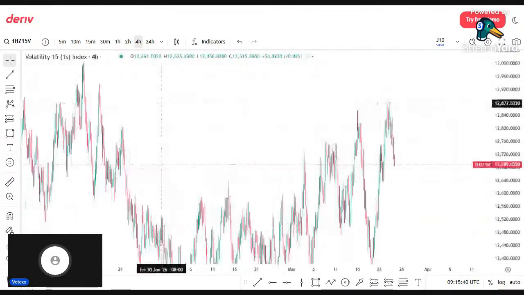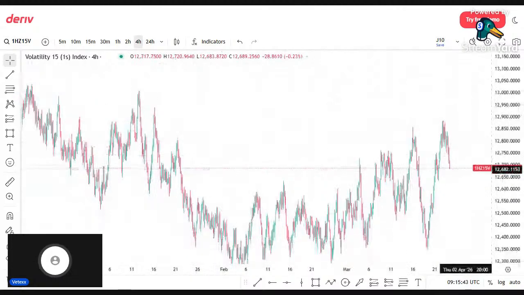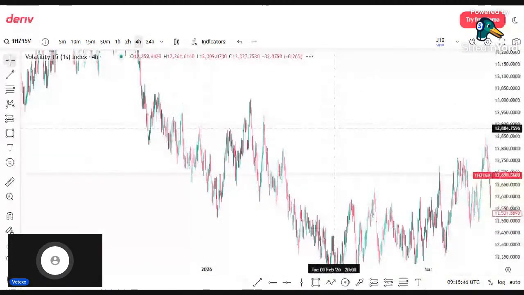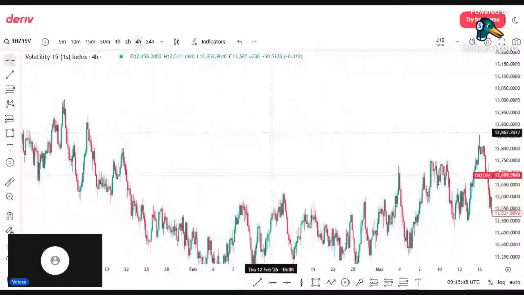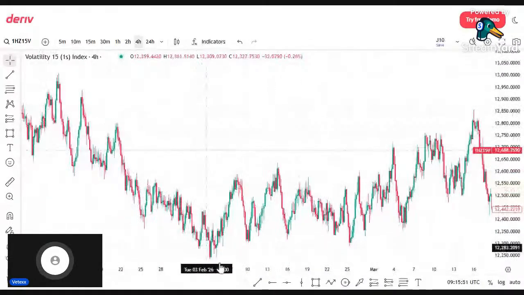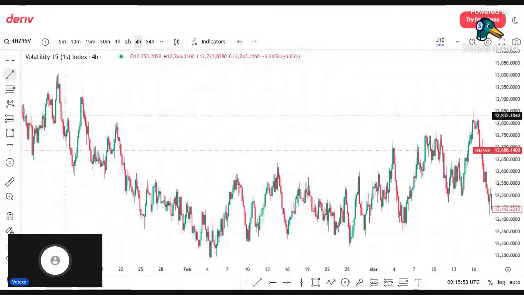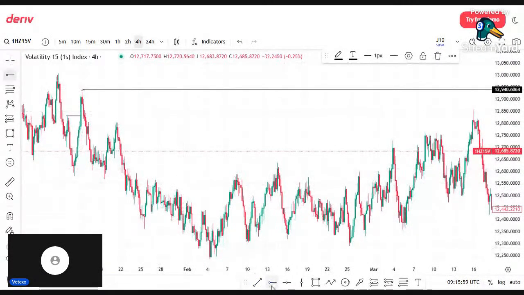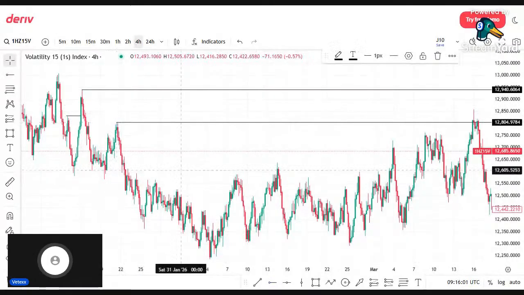So starting from the daily time frame, V15 index has been bearish. If you go to the 4-hour time frame, you have a sweep of liquidity. Yeah, you have your protected high. You have structural liquidity.